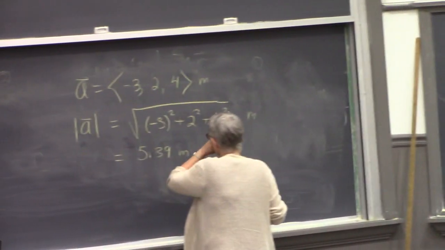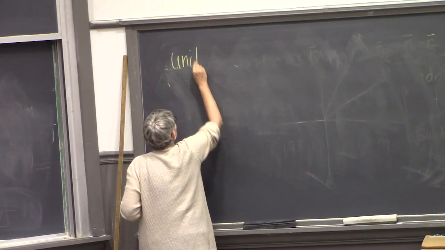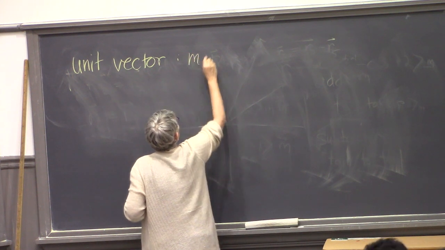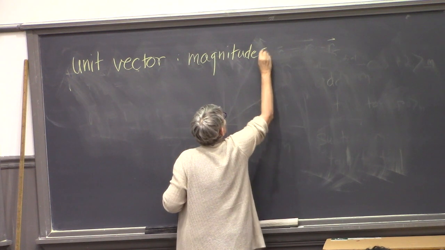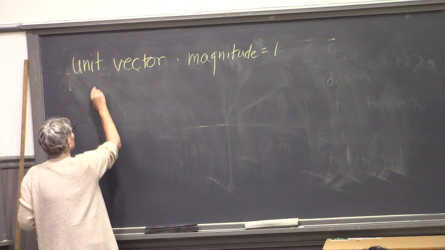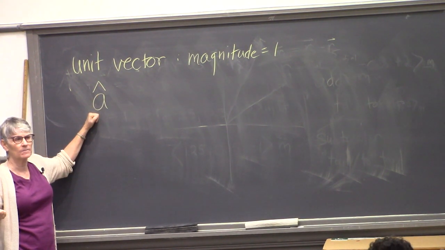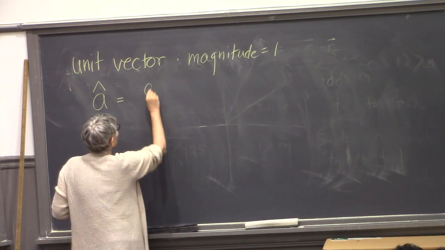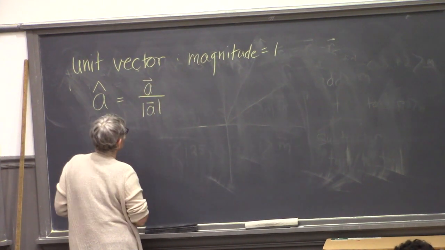To write a unit vector, we put a little hat over it, pronounced A hat. It's just equal to the vector A divided by its magnitude.